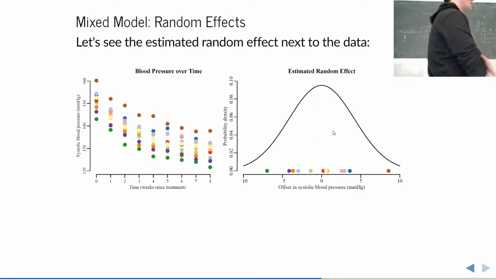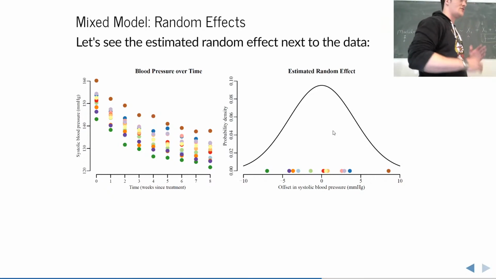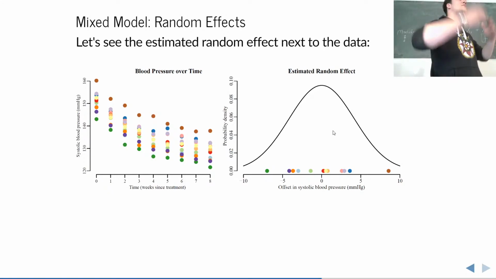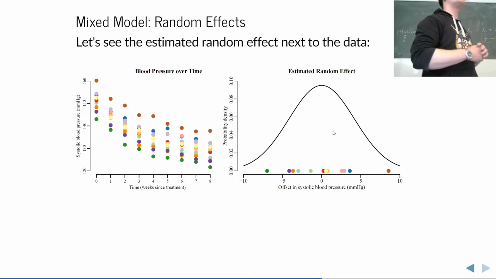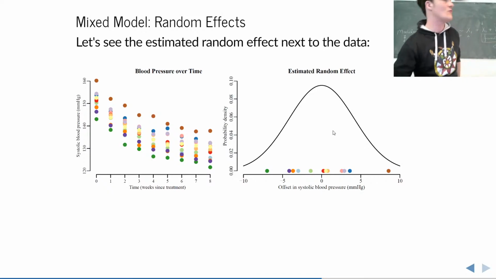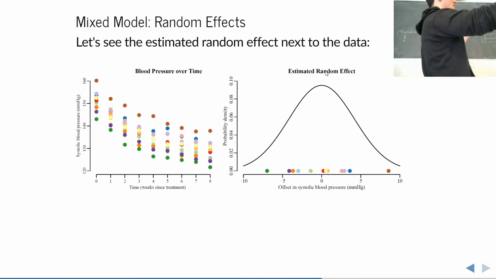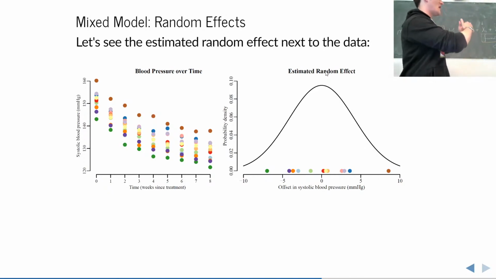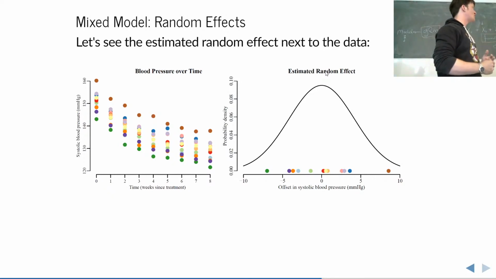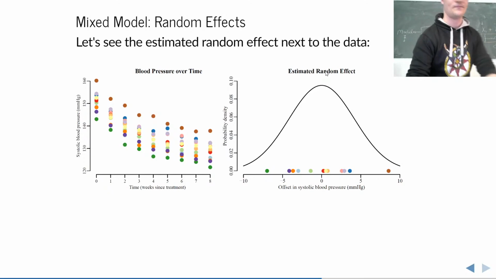And remember what I said earlier, it's not just that we're using fewer degrees of freedom, but now if I have a patient that has never been measured, I can estimate where they would fall on the line by saying, okay, the random effect average is 0, so I will say 0, and I can use the variance of this random effect to predict how far from the relationship this person will be with a certain percentage of confidence.